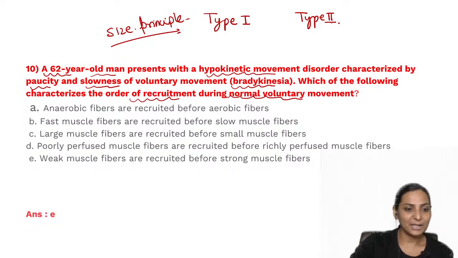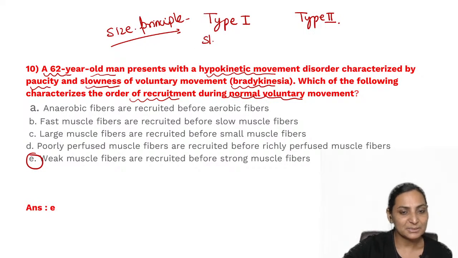So the correct answer becomes E, that the weak muscle fibers, the type 1, the slow, the oxidative, are first recruited, followed by the type 2, which are fast, glycolytic, anaerobic, having larger diameter and large conduction velocity.